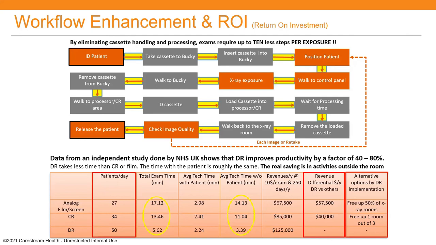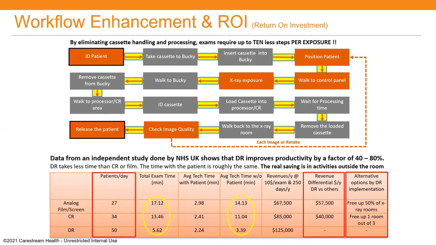By increasing your efficiency, we've seen that you can do 3 times the exams with DR. So easily, you can shut down additional X-ray rooms in your facility. For instance, if you have 3 X-ray rooms running in analog, you can easily shut down at least one, and focus the activities on the remaining 2 if they are upgraded with DR.